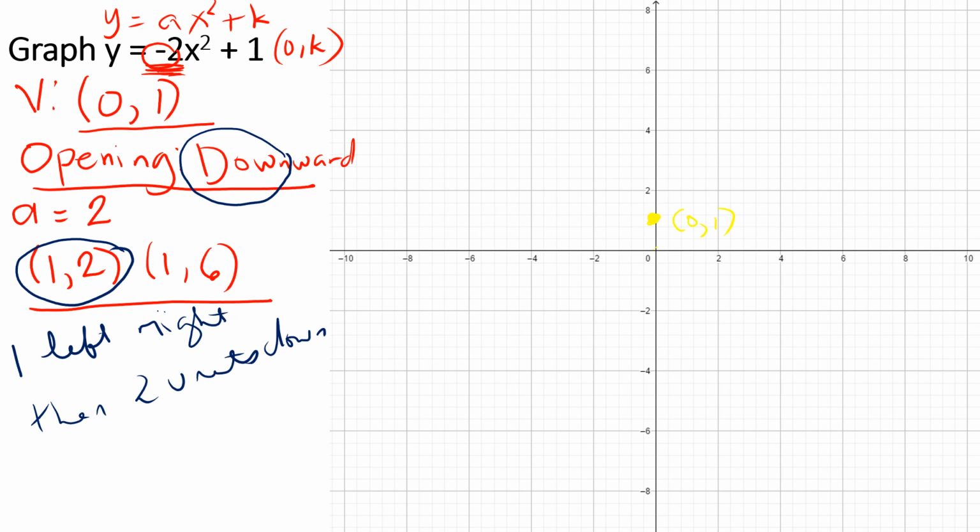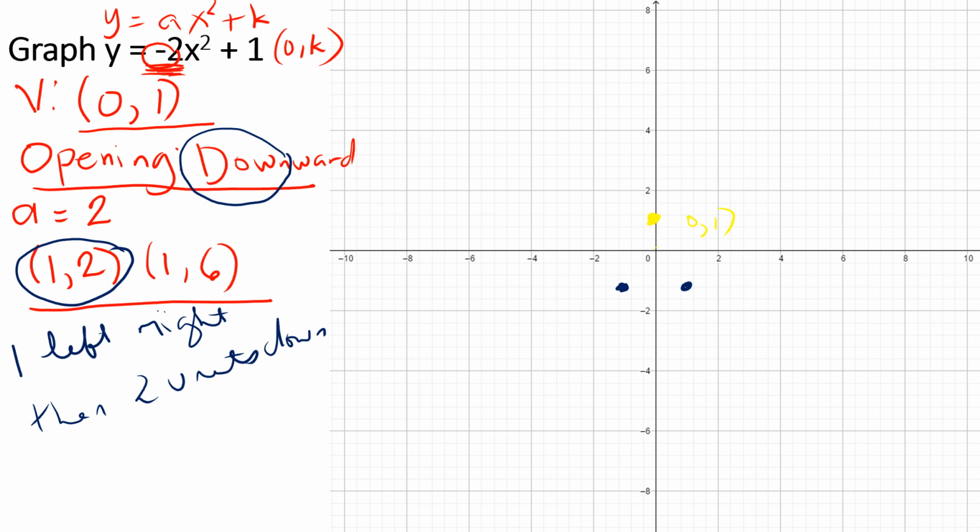Kuha tayo ng 1 left and right. 1 left and right. Then 2 units downward. So 1, 2. Dito yun. Ganun din dito. So 1, 2. Yan. Tapos pwede nyo nang burahin itong line para lang makita nyo. Kaya ko nilagay yung line.